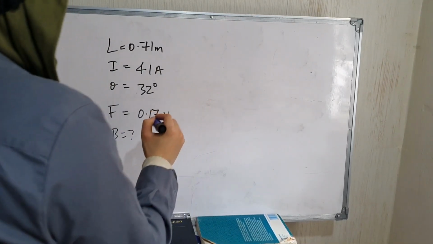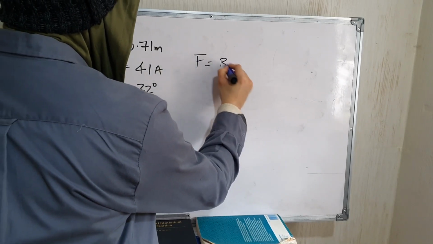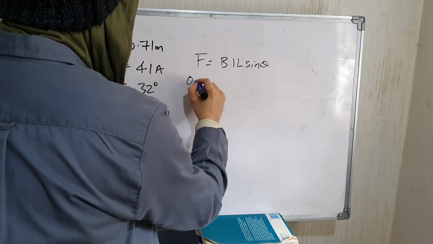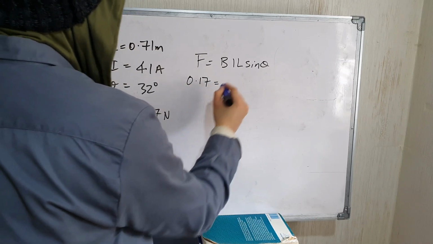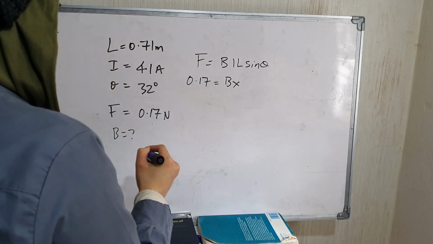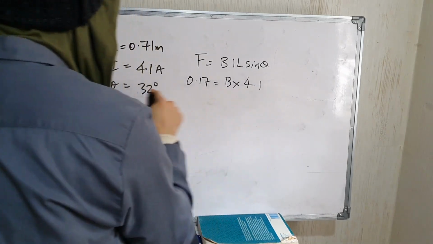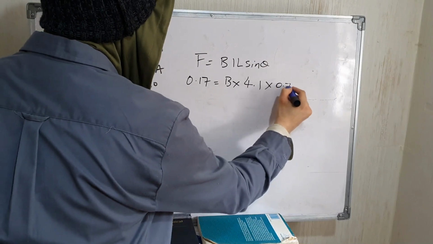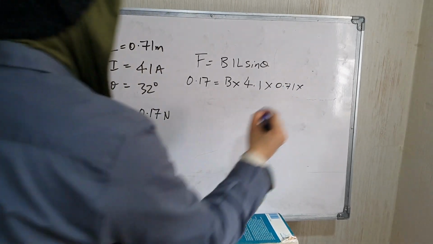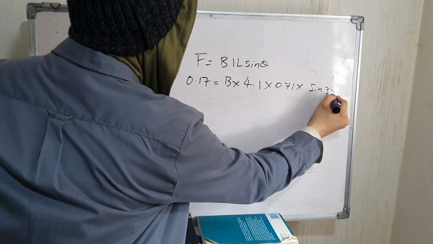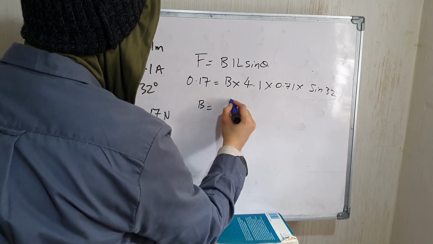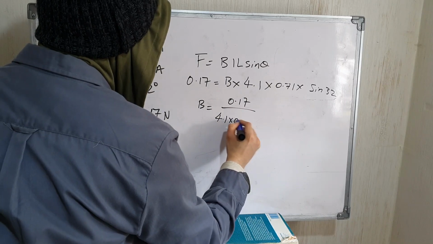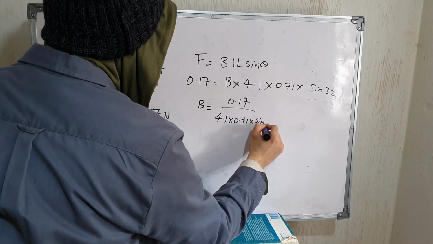All right, so we write the equation first. F is equal to BIL sine theta, and F is 0.17, and that is equal to B times I, which is 4.1, times L, which is 0.71, times sine 32. Okay, so B is equal to 0.17 divided by 4.1 times 0.71 times sine 32.